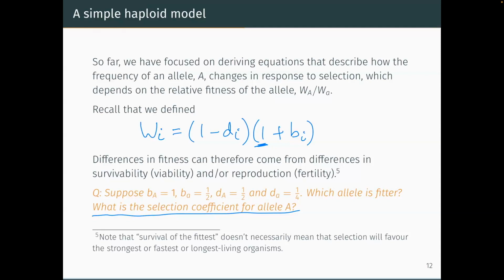So there might be cases when you want to frame it in terms of the rare allele invading. You might want your selection coefficient being positive to mean it's increasing and negative to mean it's dying out. Whereas if you frame it the other way around, your concept of something increasing or decreasing is going to be reversed.